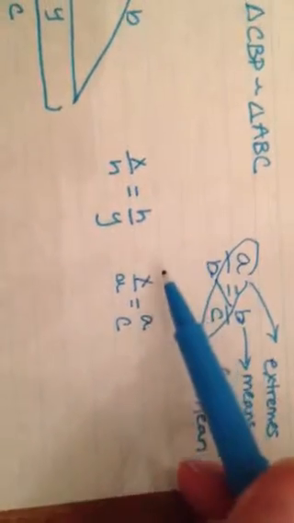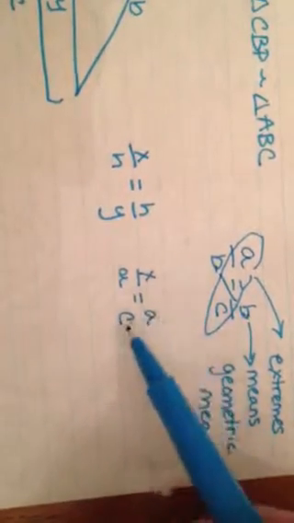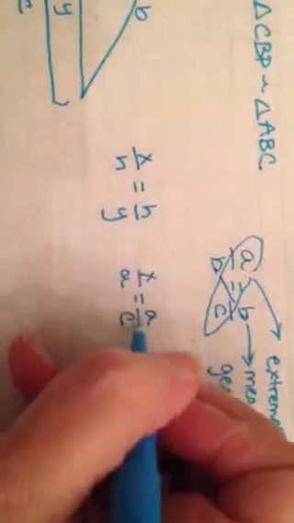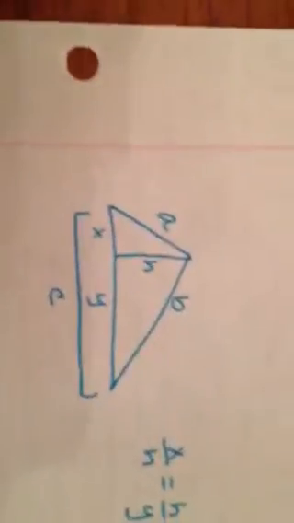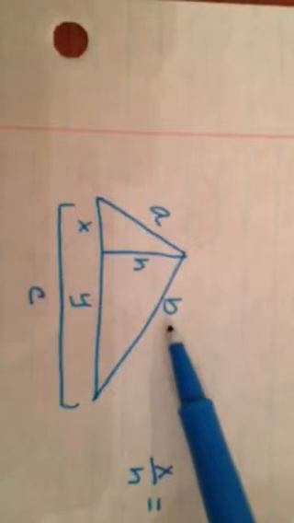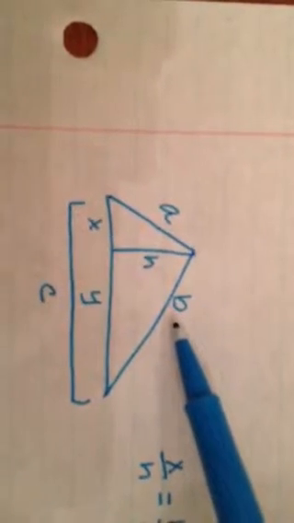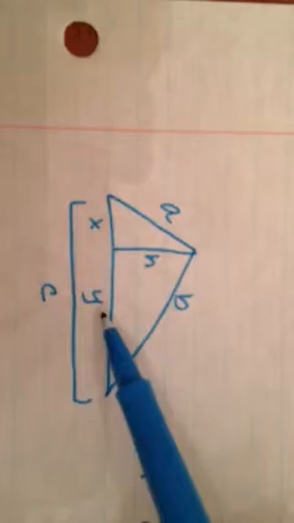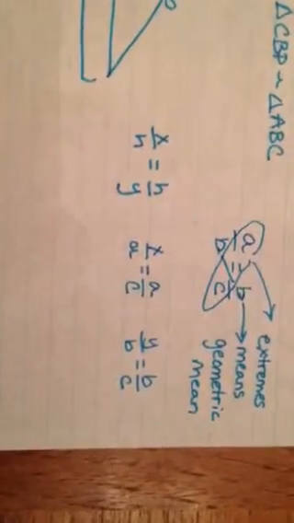Leg, geometric mean between the side adjacent to that leg and the hypotenuse. So that means we're going to have one other one. B is the geometric mean between what? The side adjacent to it and the entire hypotenuse. All right, so I'm going to have these three ratios that I'm going to use to do all of my assignments.